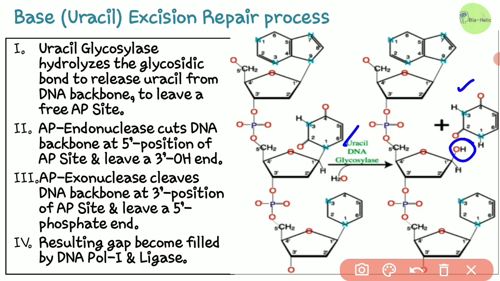So this 5' position can be cleaved by the AP endonuclease and it leaves a 3' OH end. And also AP exonuclease cleaves the DNA backbone at the 3' position of the AP site and leaves a 5' phosphate end, and the resulting gap at last becomes filled by DNA polymerase 1 and ligase. Clear?